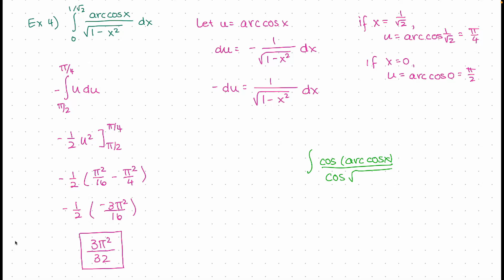Will that work? It won't work because the cosines wouldn't cancel out in this case because they're not factors. You're not multiplying by cosine in the top and the bottom. So the top would be x over cosine. Yeah, but that's not equivalent to the original one.